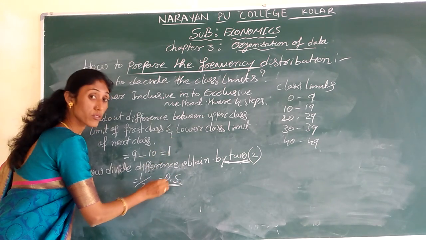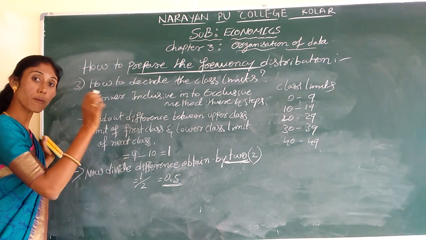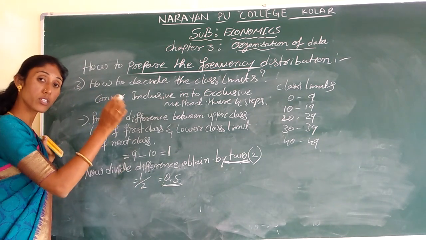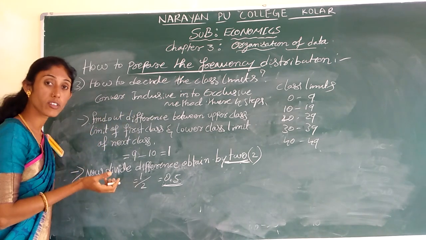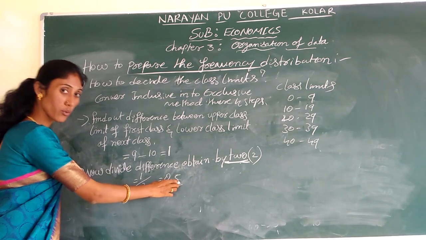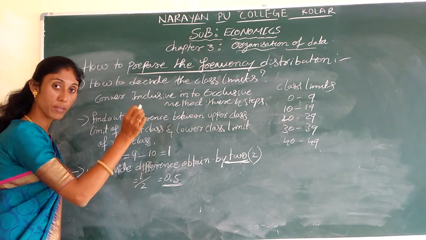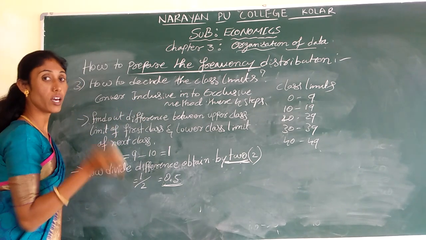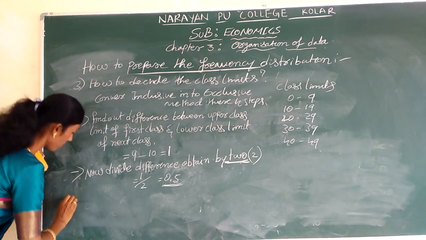And this 0.5 we need to subtract from the upper class limit and we need to add to the lower class limit. Have you got it? Whatever value we got, we should subtract from the upper class limit and add to the lower class limit. These are the next 2 steps.